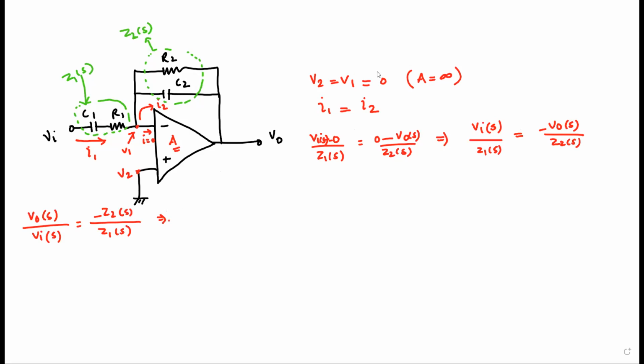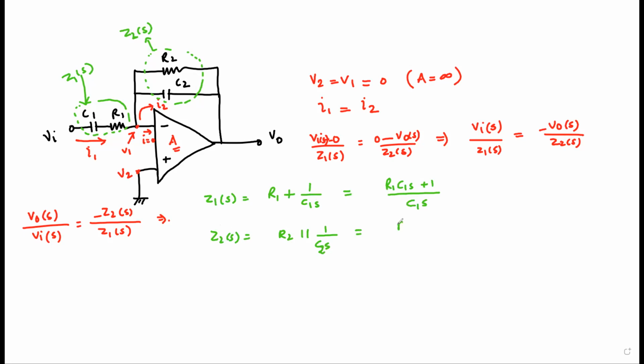What about Z1 and Z2? So we define them. Z1 of S is the series combination of this capacitor and the resistor. So it would be given as R1 plus 1 divided by C1 S, which can be simplified as R1 C1 S plus 1 divided by C1 S. And Z2 of S is the parallel combination of the capacitor and the resistor, R2 and C2 respectively.